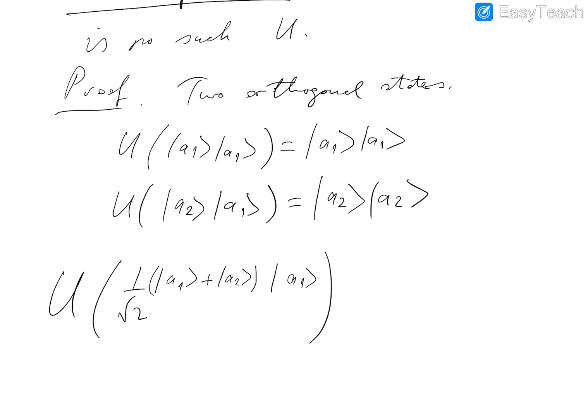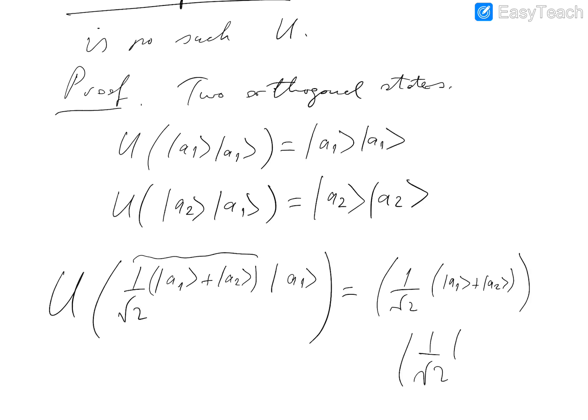If we want to copy the superposition state over A1, then we expect that it should output 1 over square root 2 (A1 plus A2) tensor 1 over square root 2 (A1 plus A2).